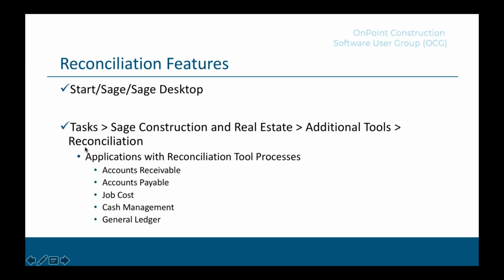So under Sage, the additional tools, and then there's reconciliation. The ones that have this reconciliation tool processes are accounts receivable, accounts payable, job costs, cash management, and general ledger.